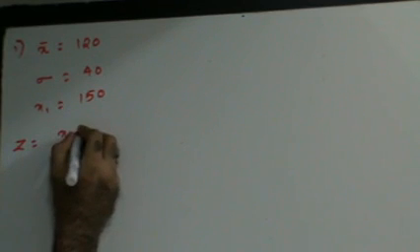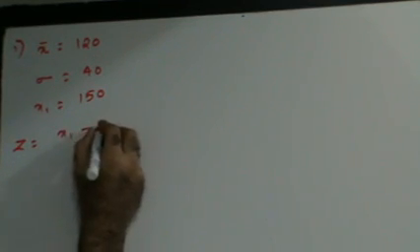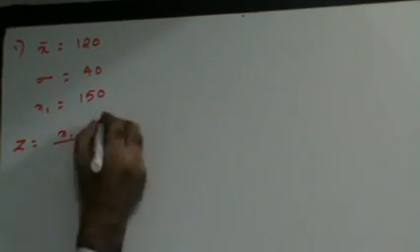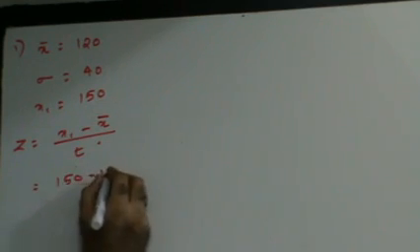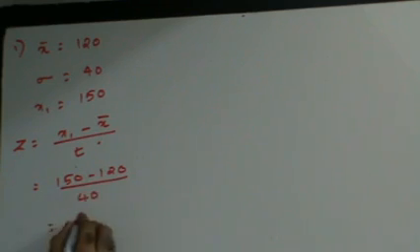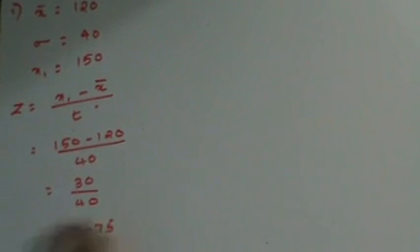Z is equal to x1 minus x bar upon sigma. So this is 150 minus 120 upon 40, which is 30 upon 40, that is 3 upon 4, which is 0.75.